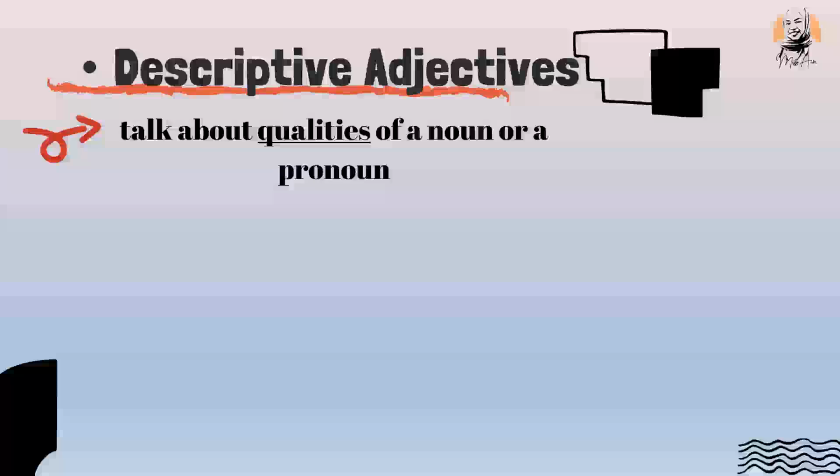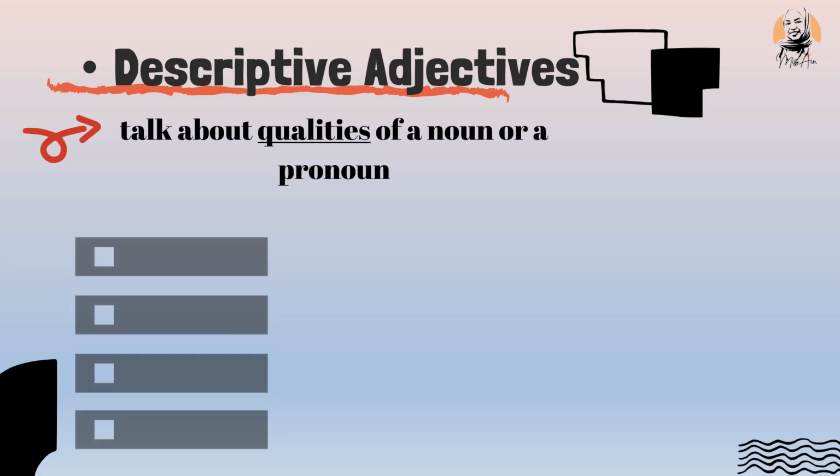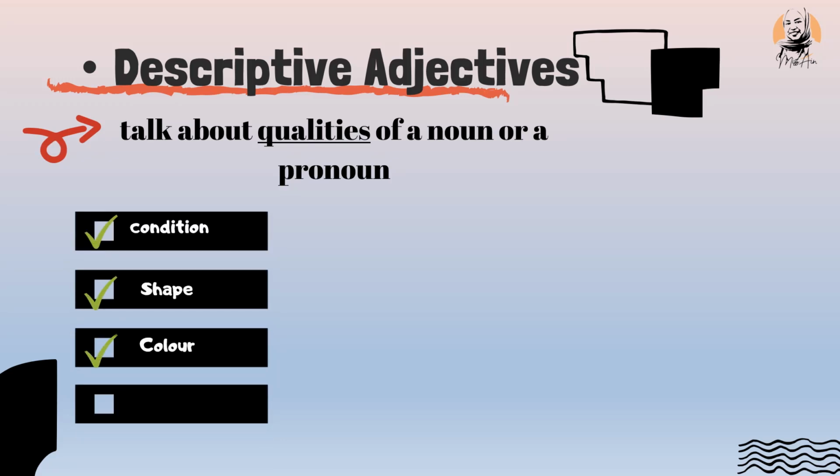Let's start off with the first type of adjective, which is descriptive adjective. This is like the most commonly used adjective when you want to describe the attributes or the quality of a noun. It can be in the form of condition, shape, color, and size. I'm going to give you some of the examples.